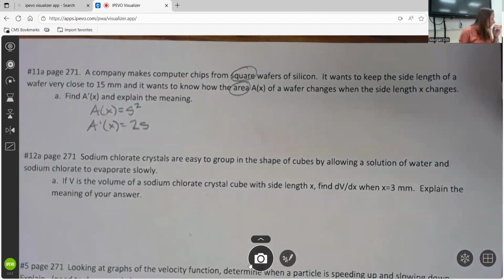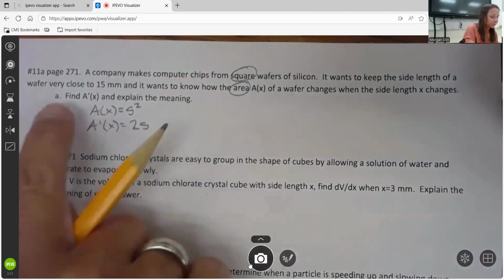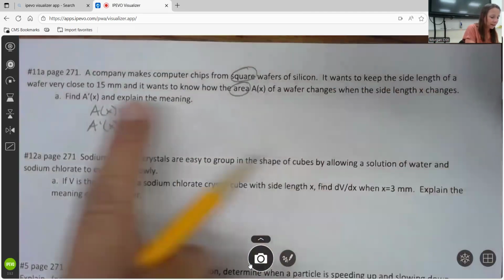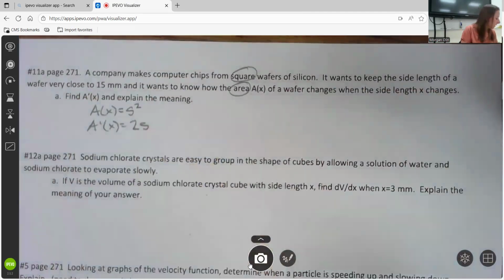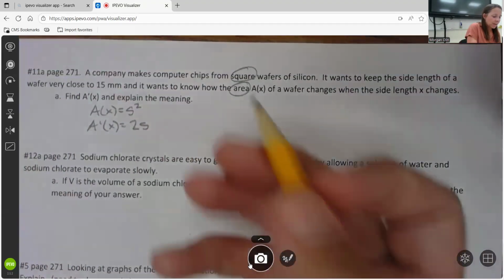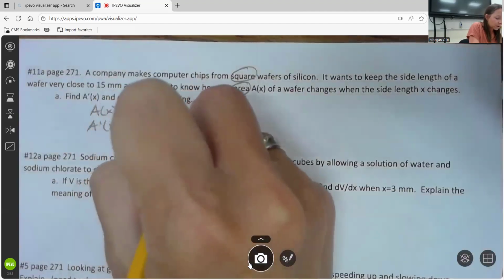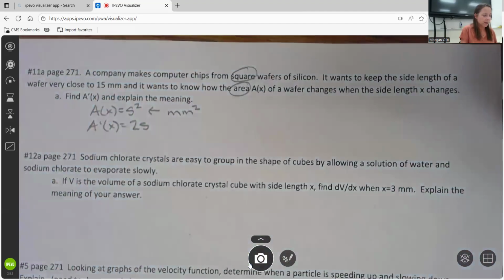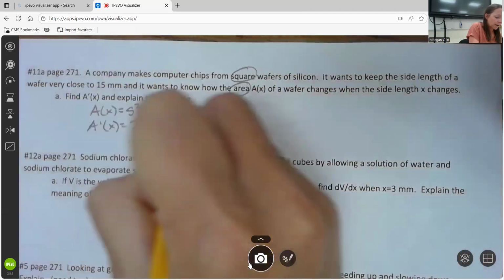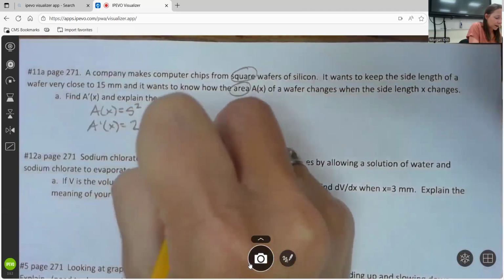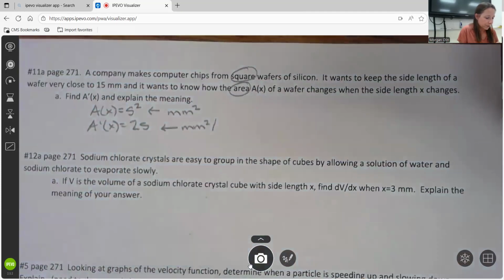Now, what does this mean? It wants to keep the side length of a wafer close to 15 millimeters. Now think about this for a second. The units would be millimeters squared, so the units here, whenever I find them, are millimeters squared per millimeter.